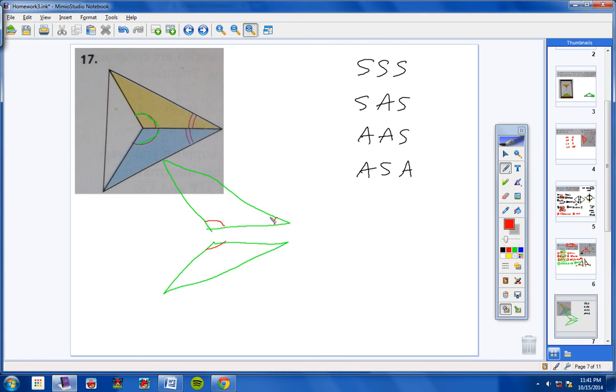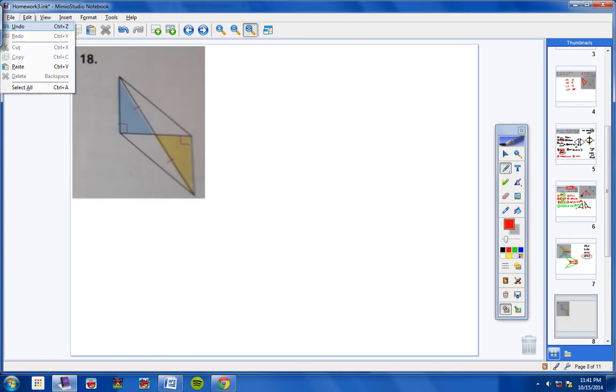And I have this angle here congruent to this angle here. Well, students, look, they share a common side. So I can state this side here is congruent to this side here. So I have angle, side, angle, congruent to angle, side, angle. So there's the reason. Angle, side, angle. Okay? I'm moving on to number 18.